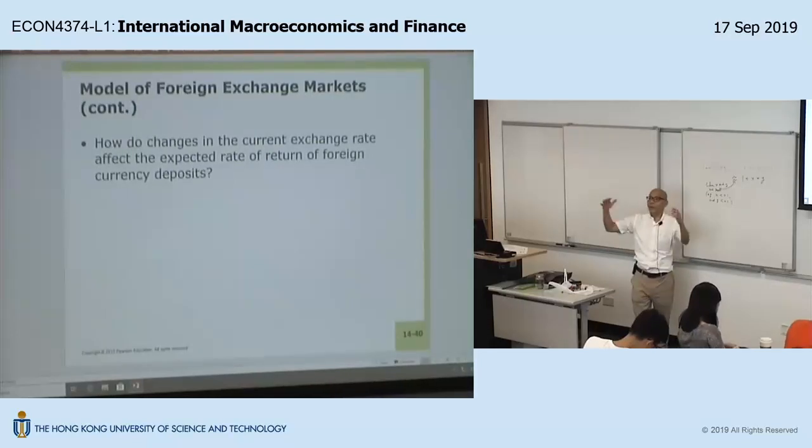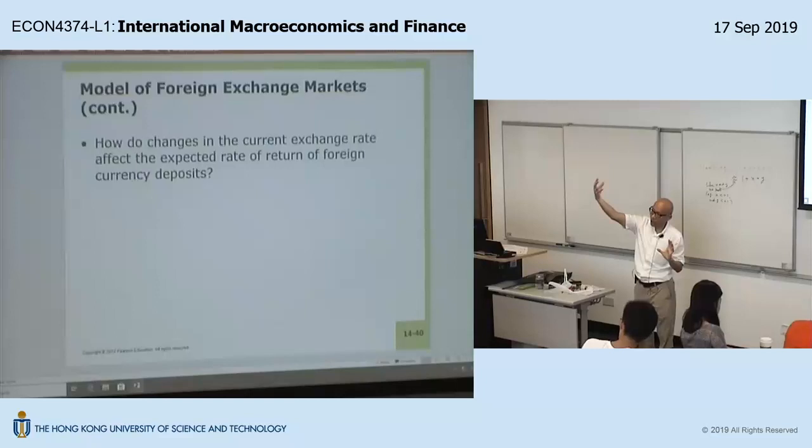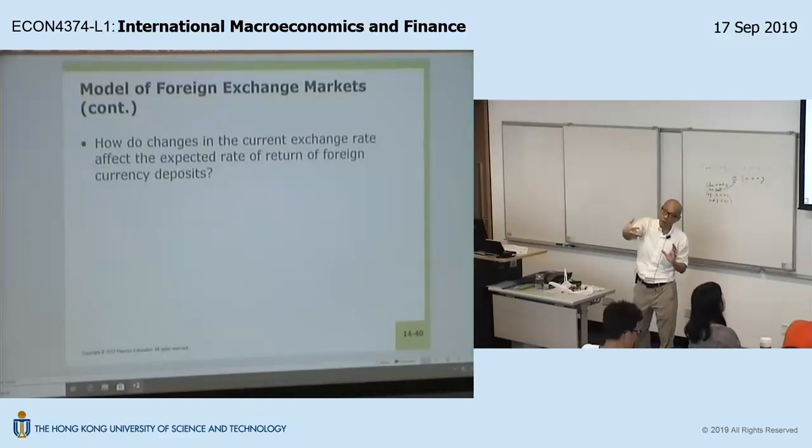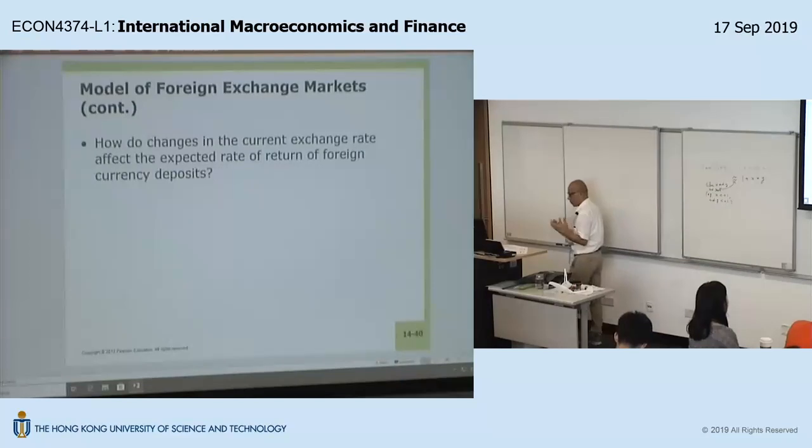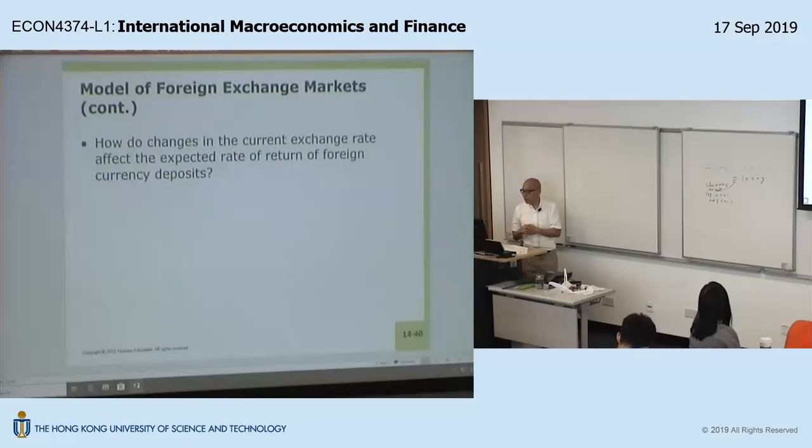You have a disequilibrium, and then some variable will have to adjust to restore the system back to equilibrium. In this case, the adjustment is through E, through the exchange rate. So, okay, how do changes in the current exchange rate affect the expected rate of return on foreign currency deposit? Well, it certainly affects it.